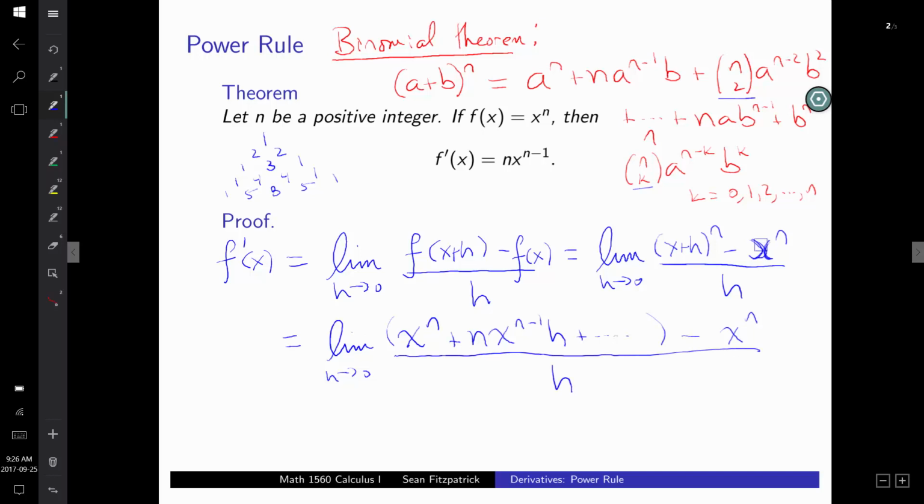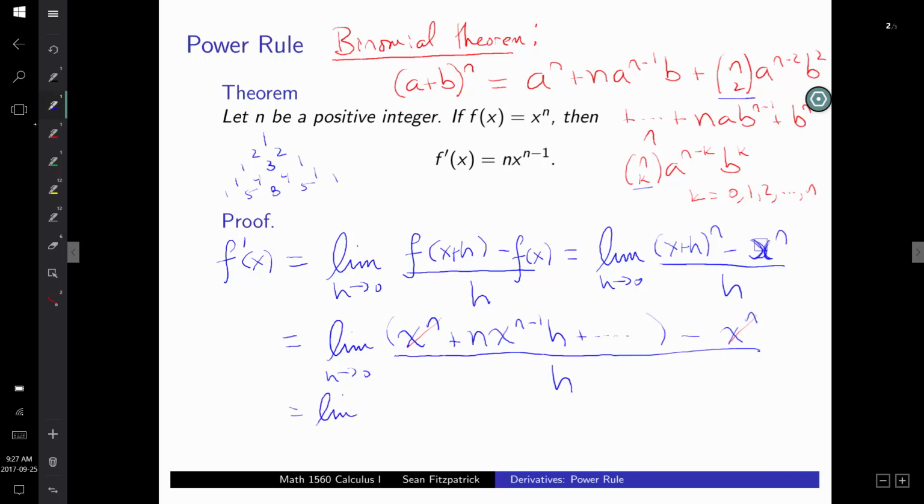The key thing to realize about all of the other terms is that they have at least two h's in them, right? The next term is going to involve h squared, then h cubed, all the way up to h to the n. We don't need to worry about those because we can see that things start canceling: x to the n minus x to the n, and those cancel out.